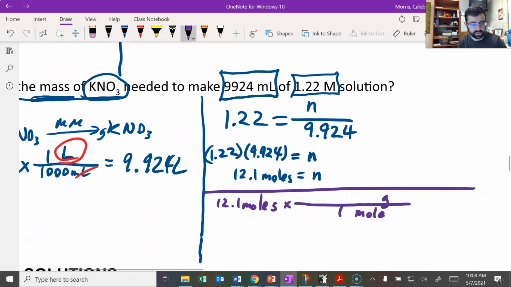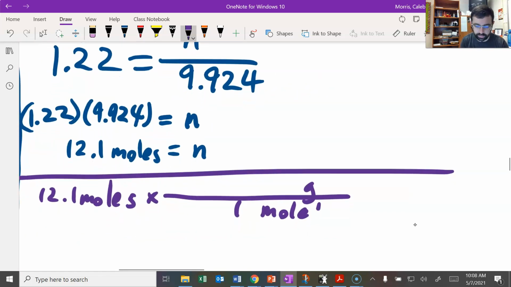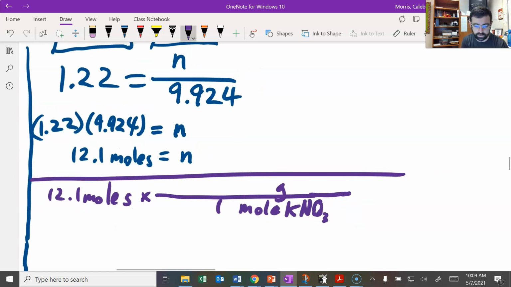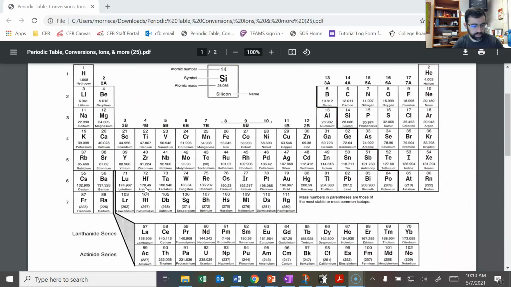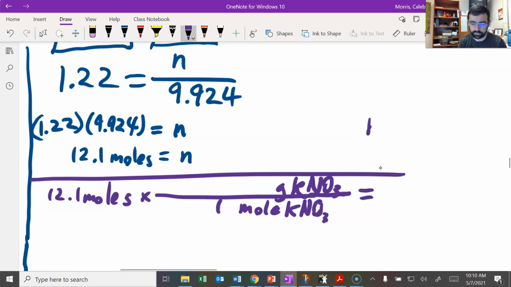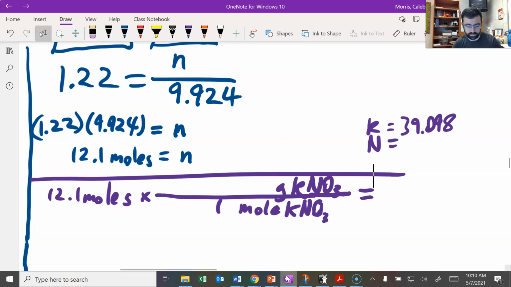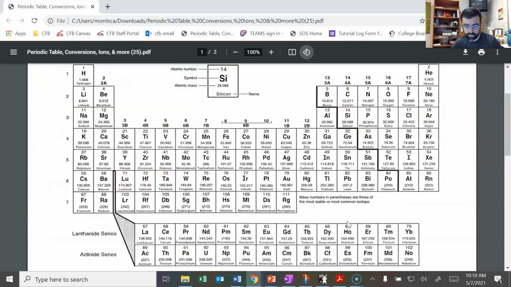Remember, our substance is KNO3, so 1 mole of KNO3. And often the molar mass will be given to you, but if it's not, you'll need a periodic table to figure out how many grams of KNO3 there are in 1 mole of KNO3. So I've got my periodic table here. K is 39.098. N is going to be 14.007.